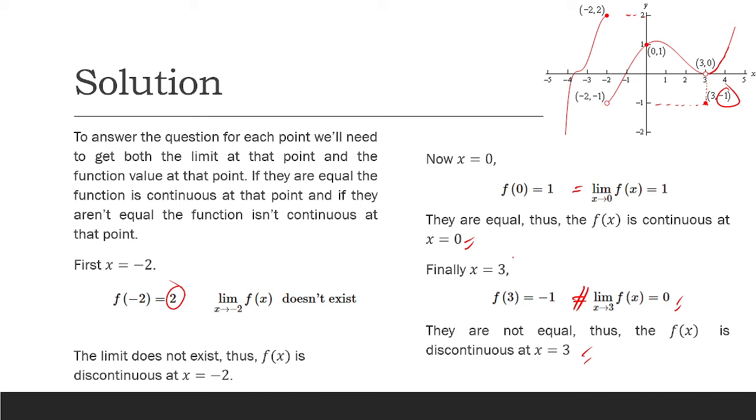And finally, sa x is equal to 3, ganun din yung gawin natin. Kung ititrace ko siya at nadaanan ko yung x is equal to 3, makikita natin na pagdating dito sa hole, kailangan kong bumaba dito. And then, tatalon ako dyan, tapos tatalon ako pabalik dito. So, therefore, inangat ko yung lapis ko or yung stylus ko. So, it is not continuous.